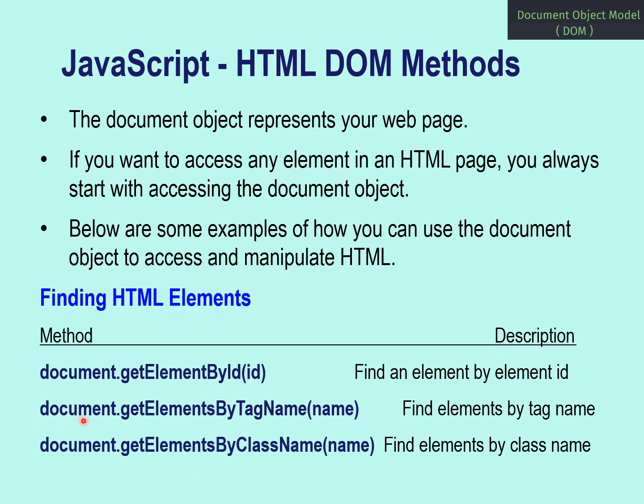The next method is document.getElementsByTagName. This function takes a name as argument and finds elements by the corresponding tag name mentioned as argument. The next is document.getElementsByClassName. The argument is a name, so it finds the elements by the corresponding class name.